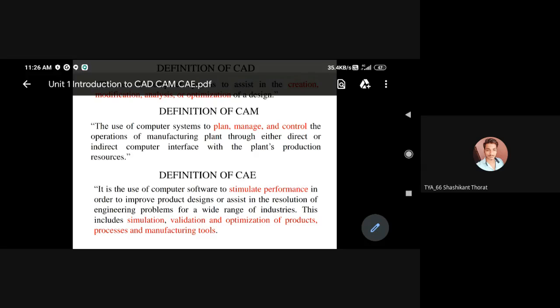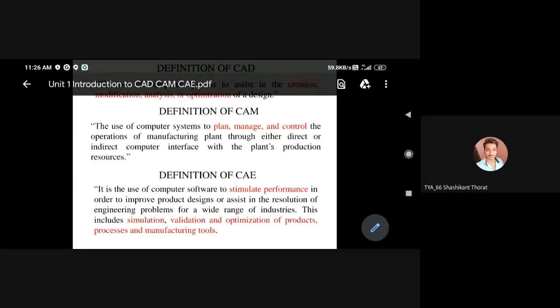Now, what is the main function? Simulation, validation and optimization of product. Validation is nothing but the analysis. Processes and manufacturing tools, different tools we can use.